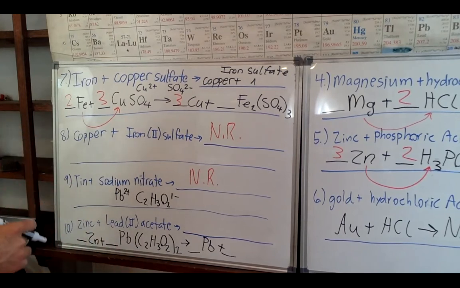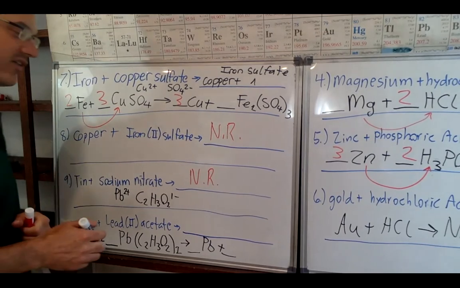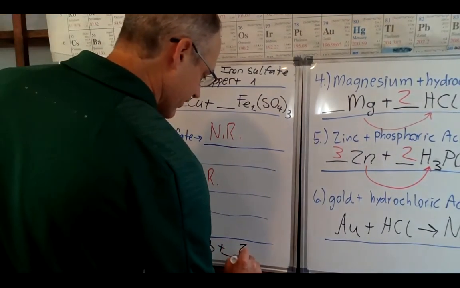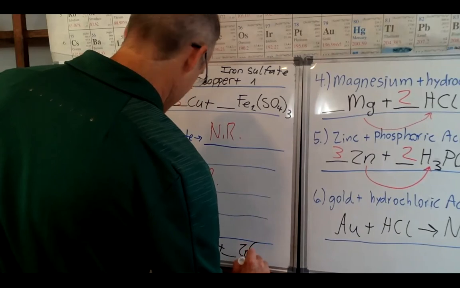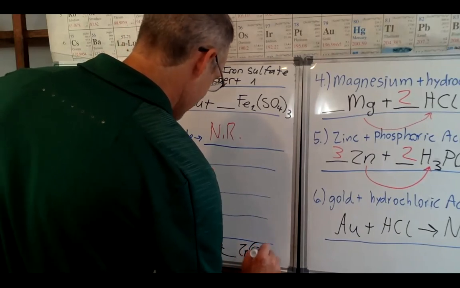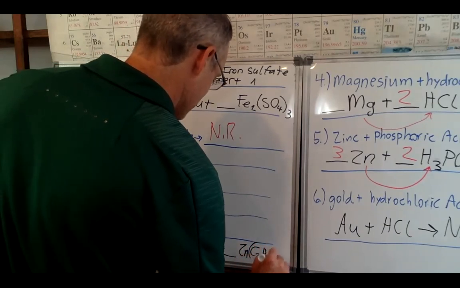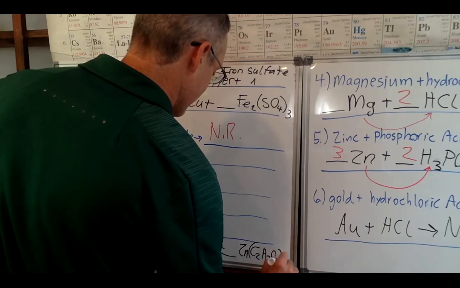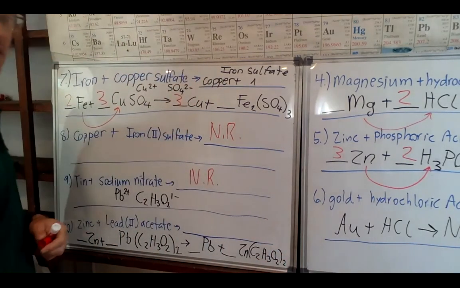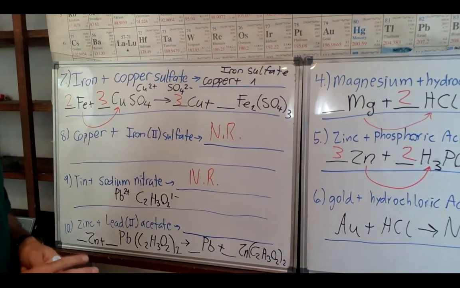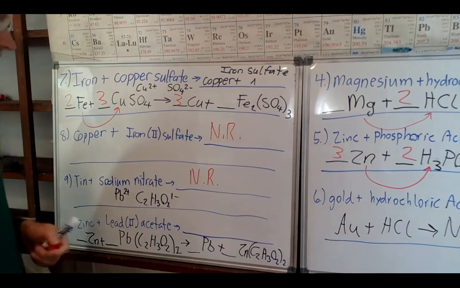And zinc has the same charge actually as lead. It's a 2 plus. So this is a nice even switch where there's still parentheses around the acetate and there's a 2 on the outside. So this equation actually does balance itself nicely.